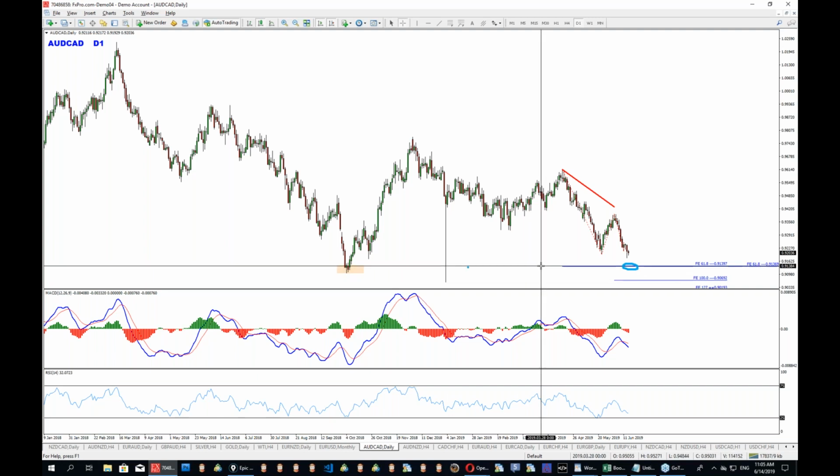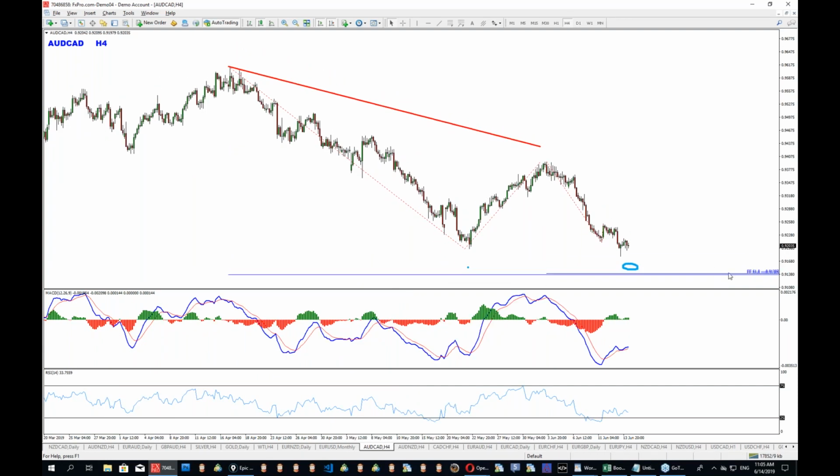This is also two Fibonacci levels. They're kind of overlapping each other, so I'm not sure if you can see it, but there we are. 91.40 approximately is the zone. So basically that would be the daily cycle, and that would be the 4-hour chart cycle right here.